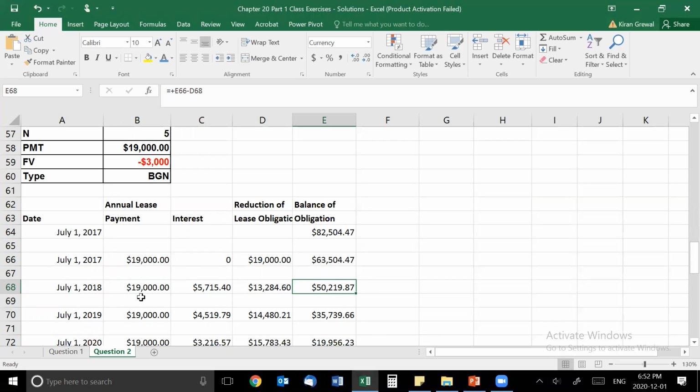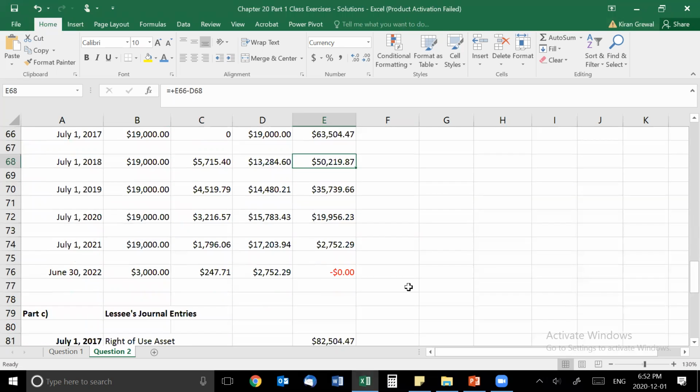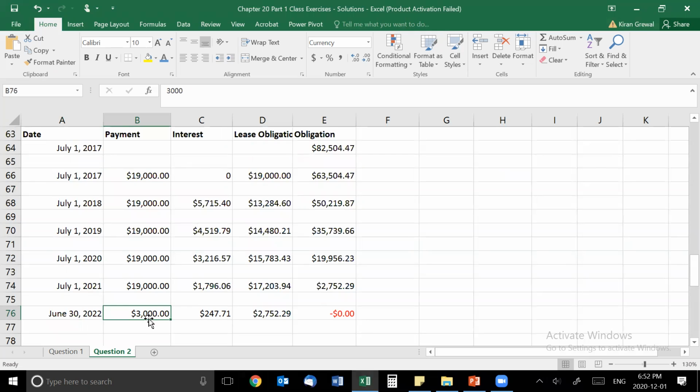You keep going, doing the same formula, and eventually at the end of the lease term, there's that bargain purchase you have to pay. So you're paying 5 payments of 19,000 plus the bargain purchase at the end of 3,000, which means you should have 0 left in your liability balance.